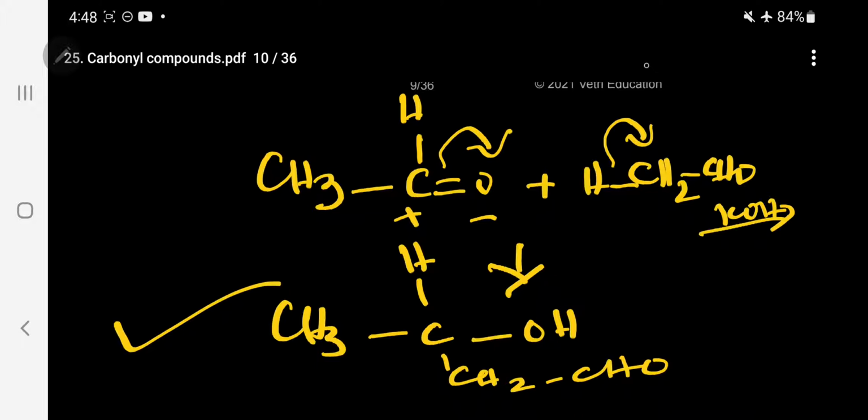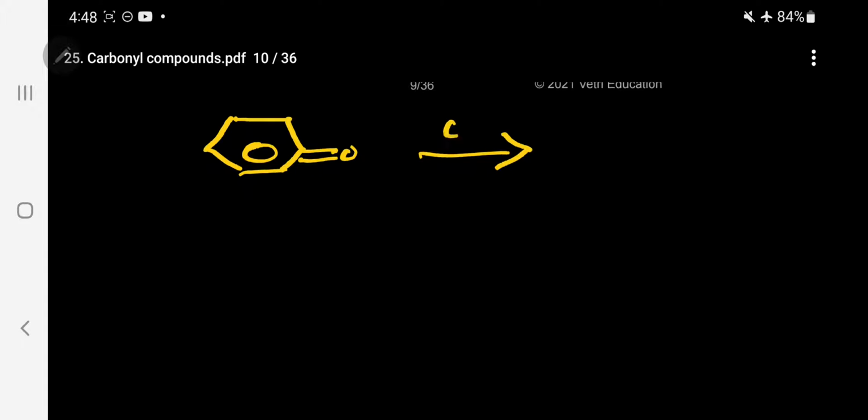The same way now we have to think of the cyclohexanone. Please follow. Let me write now. This is the cyclohexanone. So now what we are doing, we are going to heat with base. Then two molecules undergo condensation.